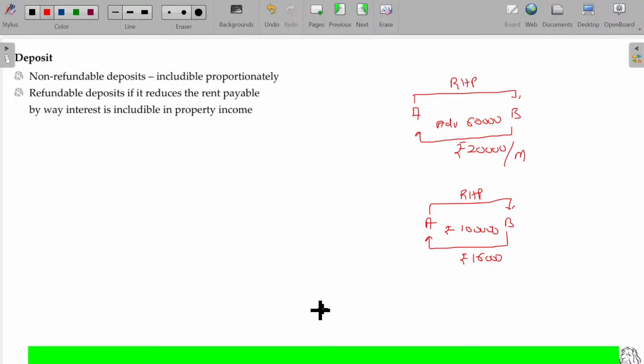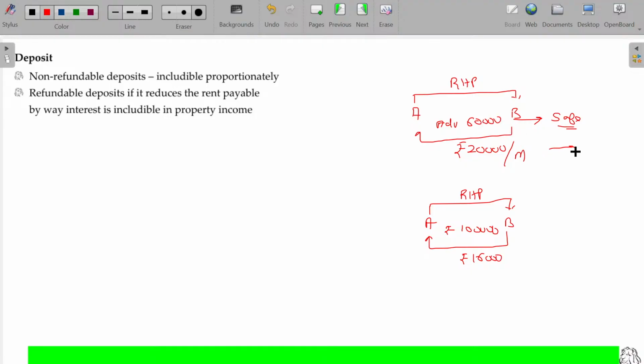Now here the advance is for what? To safeguard. If the tenant vacates without stating anything or damages the property, how can I recover? So I'll have a security deposit to safeguard my revenue. If there is any damage at the time of vacating, I can adjust in this value. Clear?